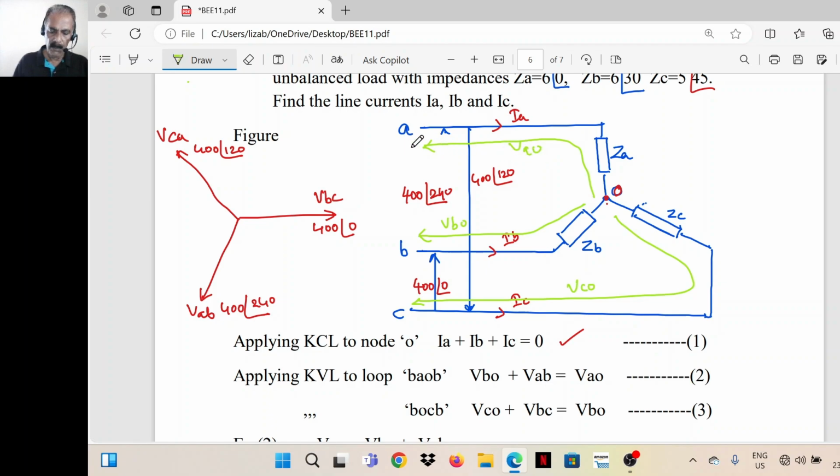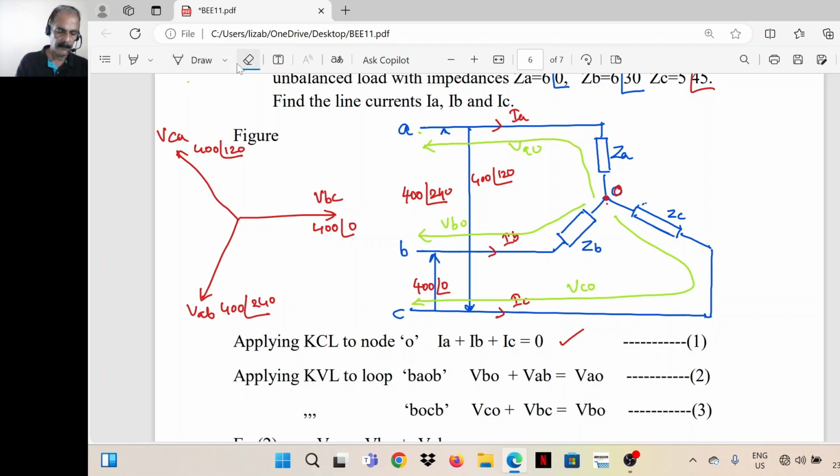So VAO is the potential difference between point A and neutral point O with A taken as positive. This is the polarity of the voltage. Likewise, VBO and VCO. VBO is the potential difference between B and O with B taken positive.